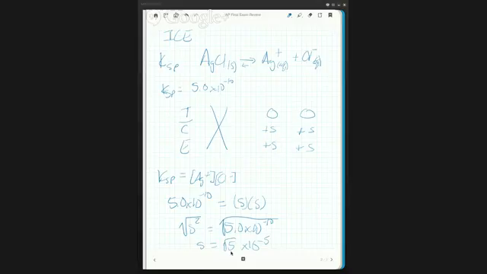ICE tables can be used for anything really. You don't often use them for Ksp because you can see how easy it is. But usually it's when you're trying to find an equilibrium concentration, or maybe you're trying to find K if they give it to you. The ones that you don't end up using it for are a lot of times the Ka and Kb.